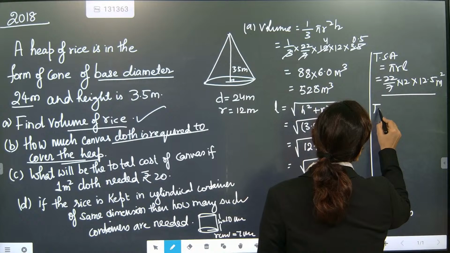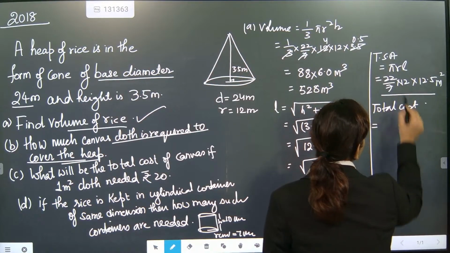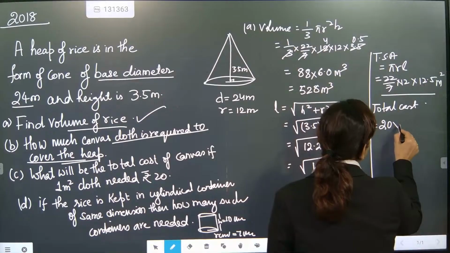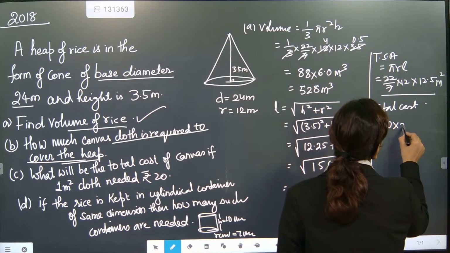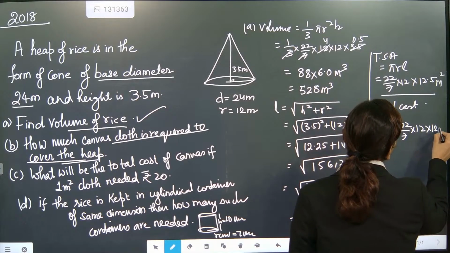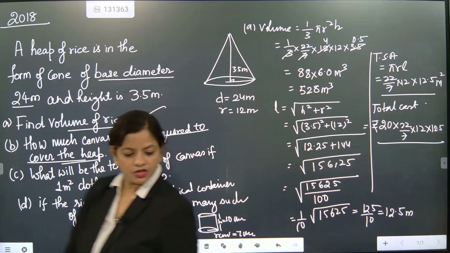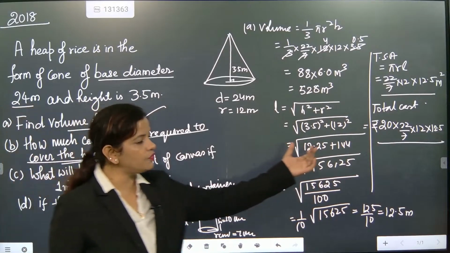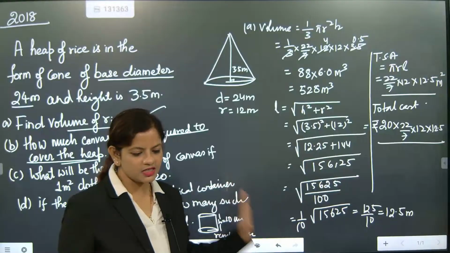Now what is the total cost? The total cost will be 20 rupees into 22 by 7 into 12 into 12.5. So this much is the rupees coming. Understood? So this much rupees we have to convert.